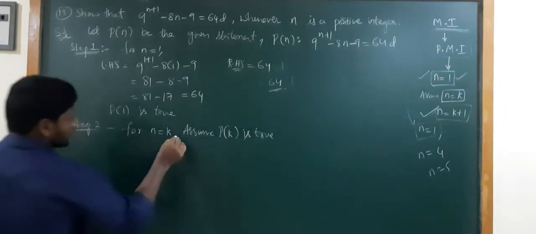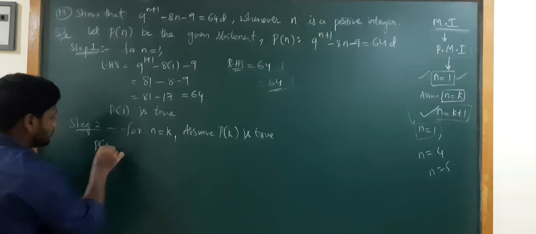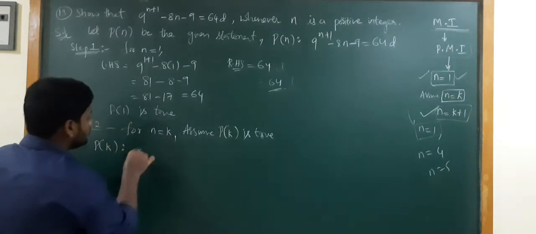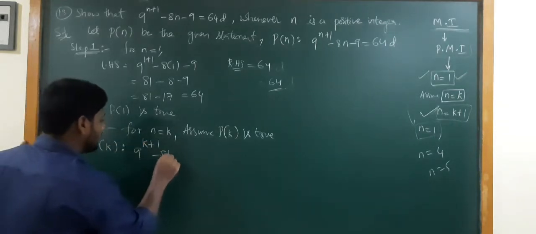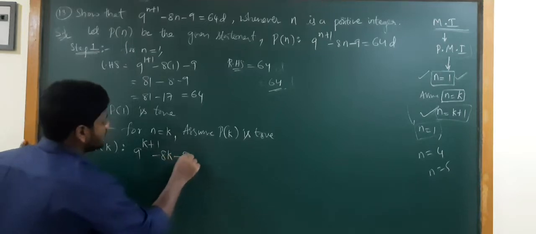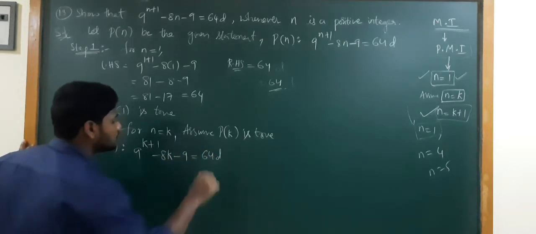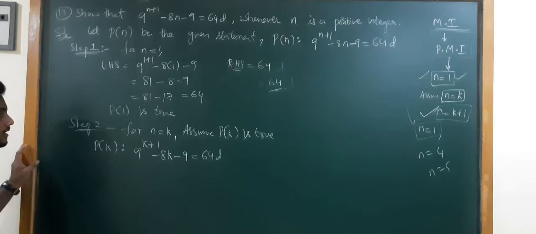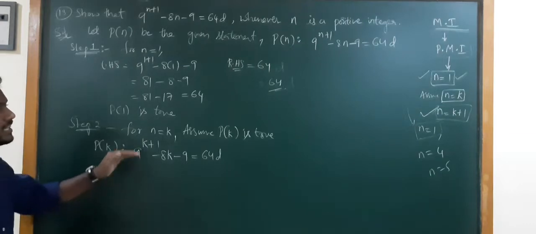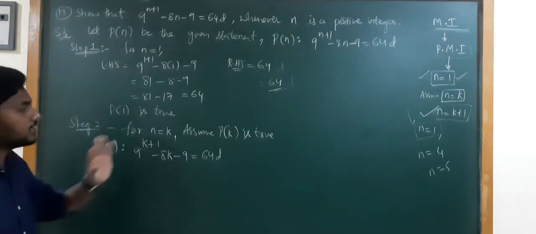Right? So P of k will be such that 9 to the power of k plus 1 minus 8k minus 9 is equal to 64 into some constant t. Now, by using this second equation, we need to go for n equal to k plus 1.